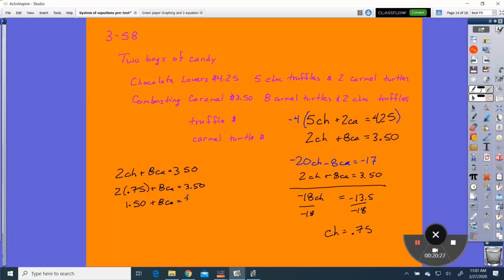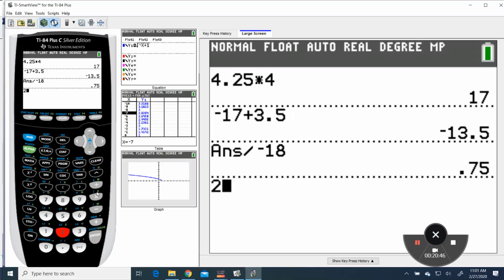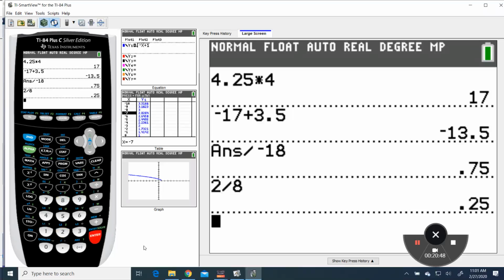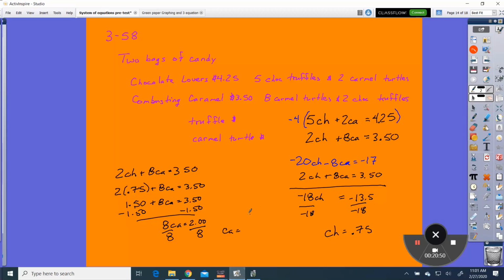Plus 8 caramels equals 3.50. So I minus the $1.50 from over here. 8 caramels equals $2. So I divide that by 8. So the caramels cost, if you're curious, 50 cents. 2 divided by 8, quarter, there we go, not 50. 0.25.